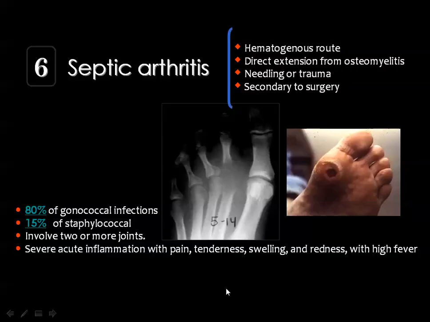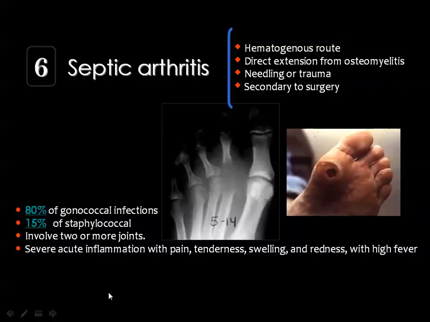And the organism may reach the joint by one of these routes: either the hematogenous spread or direct extension from an osteomyelitis in the adjacent bone, or by trauma or secondary to surgery. Then the most common organism for septic arthritis is the gonococcal infection, and the second is the staphylococcal type.